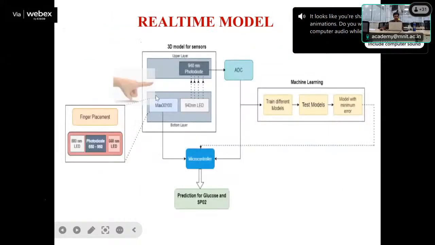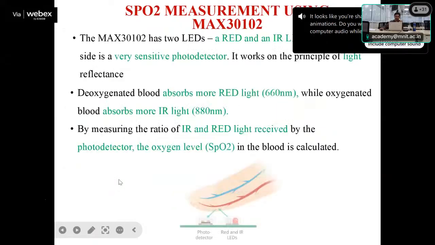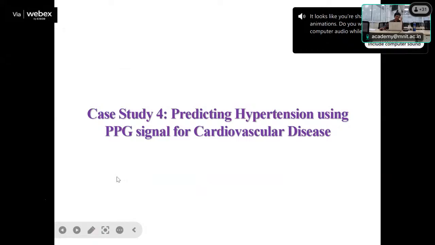This solution is developed with a photodiode, in the same way that we developed the glucometer. For the glucometer, a 940 nanometer wavelength is considered, and 660 and 800 nanometers come from the pulse oximeter. The pulse oximeter also works on a similar principle, okay? So we have incorporated that, and through it we are able to measure.